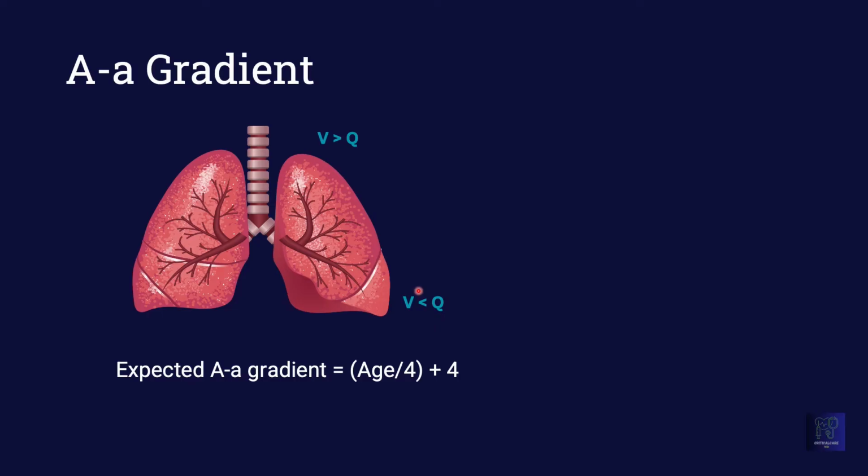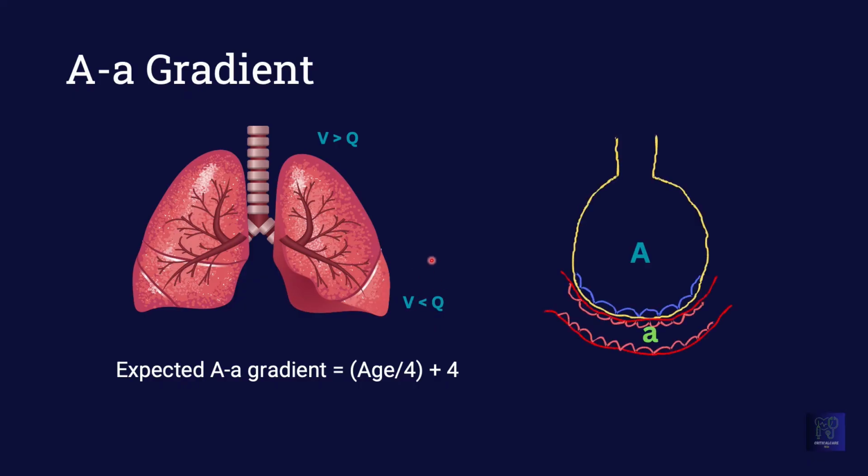Due to the physiologic VQ mismatch, there is normally a gap between the big A and small a. Not all oxygen from the alveolus diffuses into the capillary. So a rough number for the A to a gradient is 8 to 20, but using the formula age by 4 plus 4 gives you a more accurate estimate of the A to a gradient.